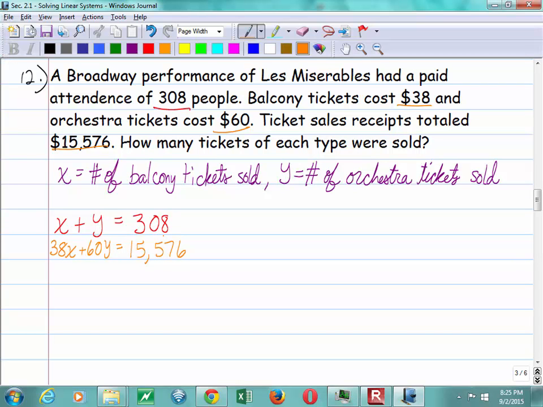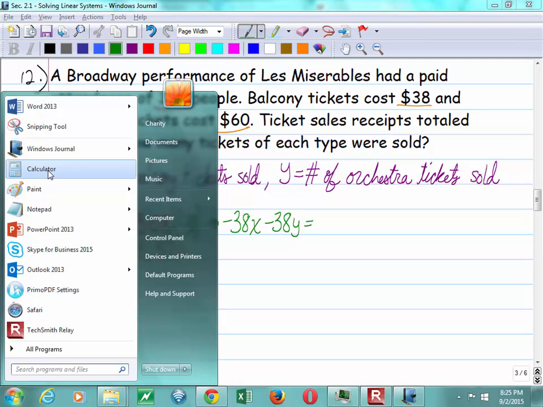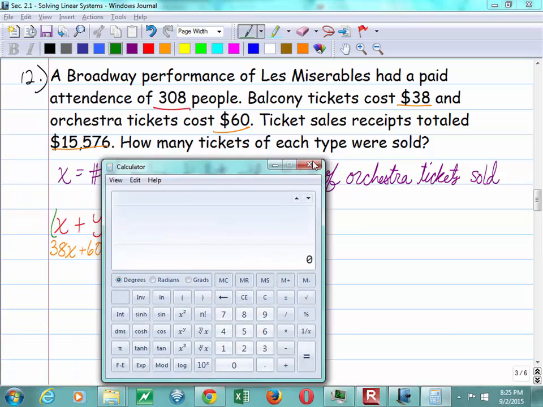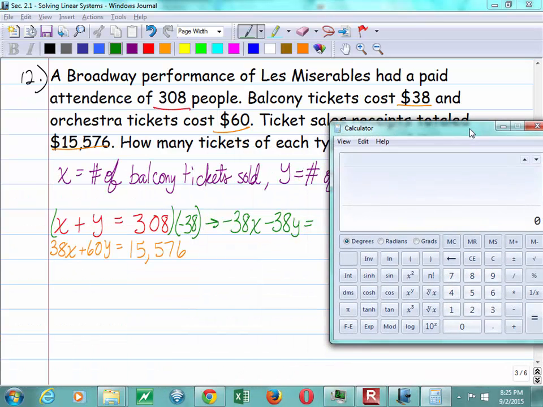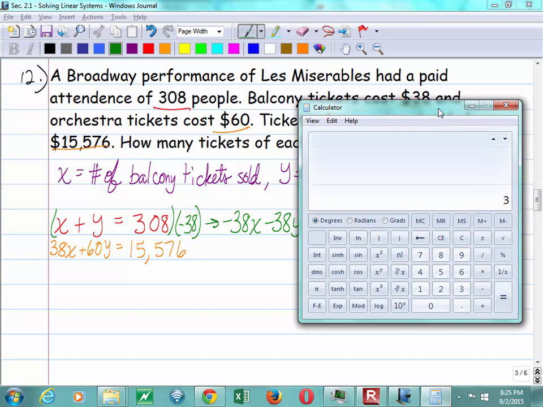So to solve this, I would multiply the first equation by negative 38. So that would give me negative 38X minus 38Y equals... 38 times 308 is 11,704.